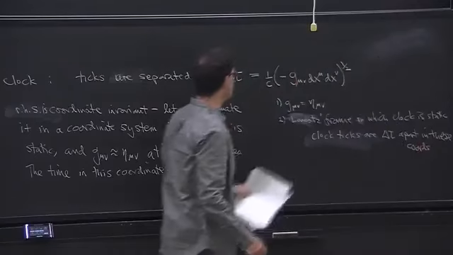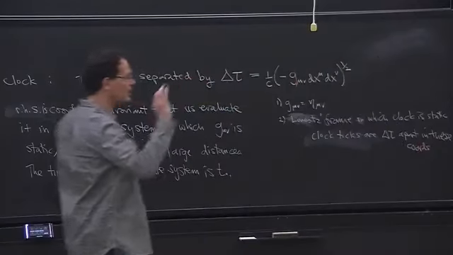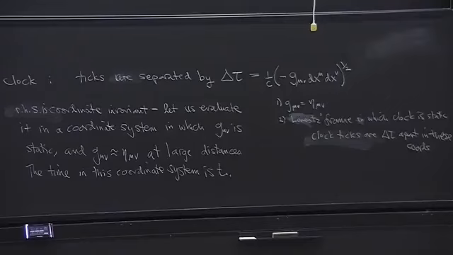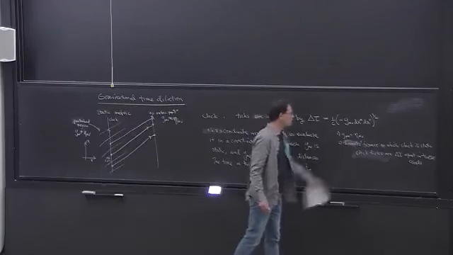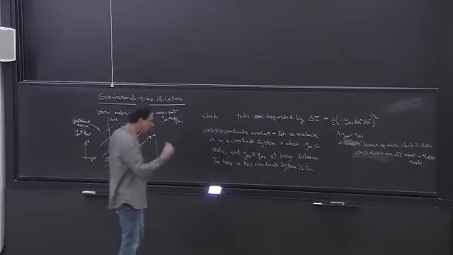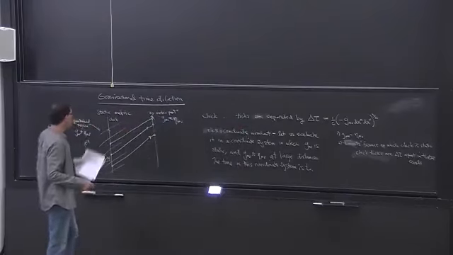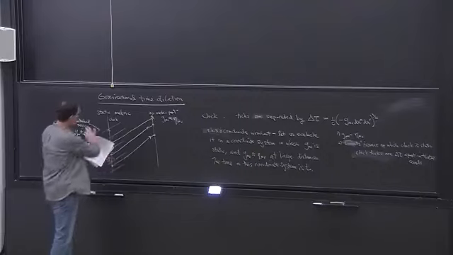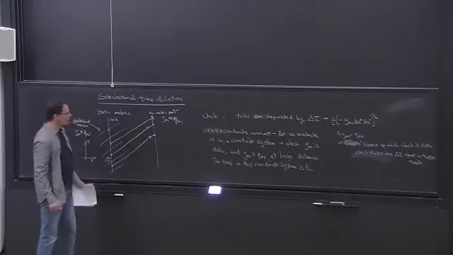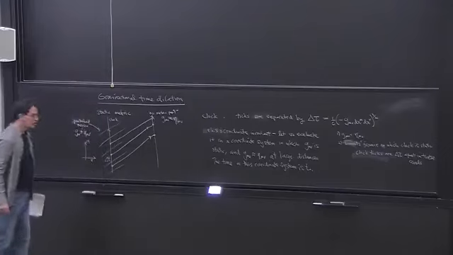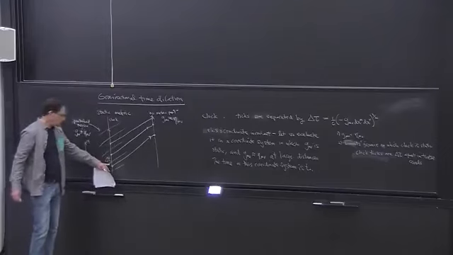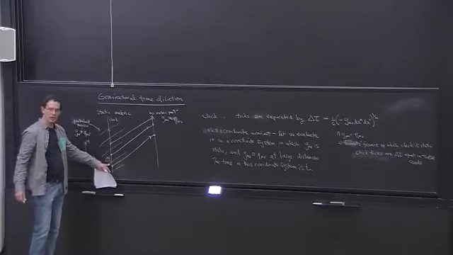Okay, so those coordinates are the ones in which g is eta at the clock and there's a local Lorentz frame in the rest frame of the clock. We're picking another coordinate system now. This is a global coordinate system whose time is t, where the metric is flat space at large distances, but the metric's certainly not flat space over here.